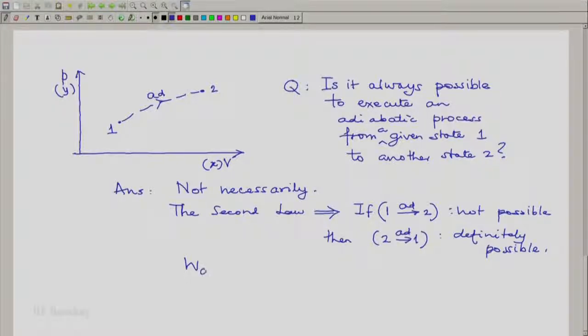And hence, if we want to determine W adiabatic 1 to 2, and if 1 to 2 does not seem possible, then we can always execute an adiabatic process from 2 to 1 and take the negative of that as the value for W adiabatic 1 to 2.